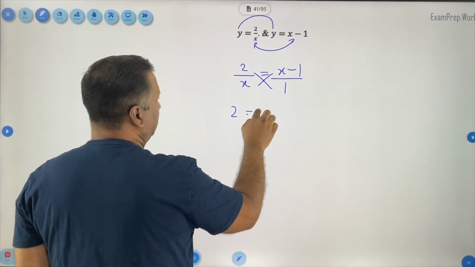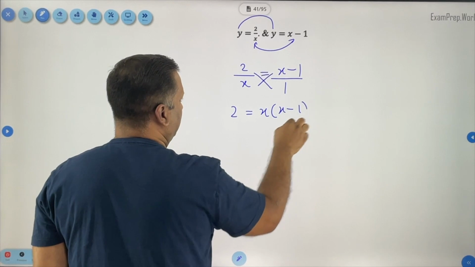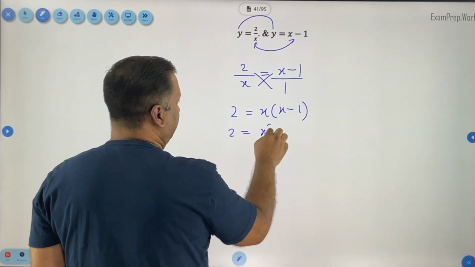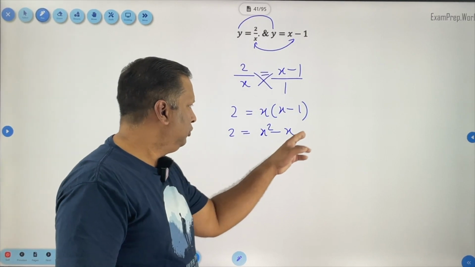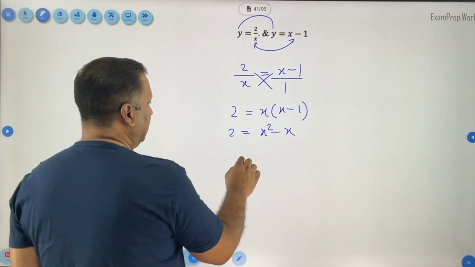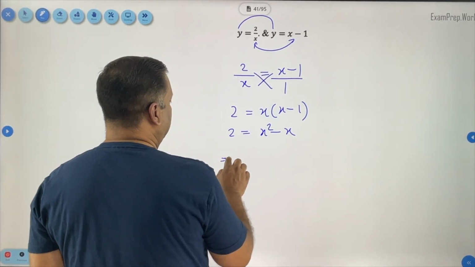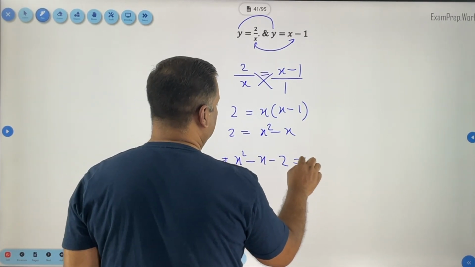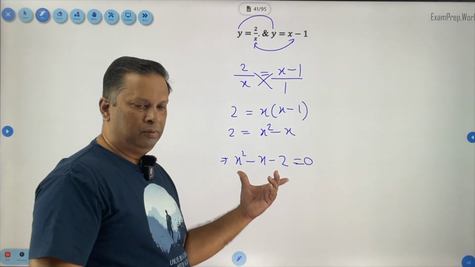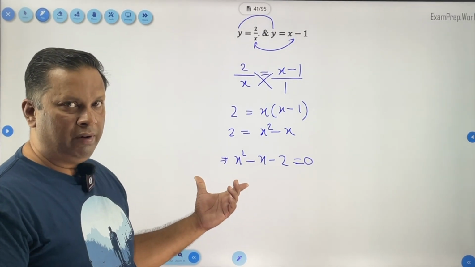So it is 2 equals x times (x minus 1). 2 equals x squared minus x. Do you see a quadratic here? Yes, if I move this 2, it will become a quadratic. So I'll get x squared minus x minus 2 equals 0.